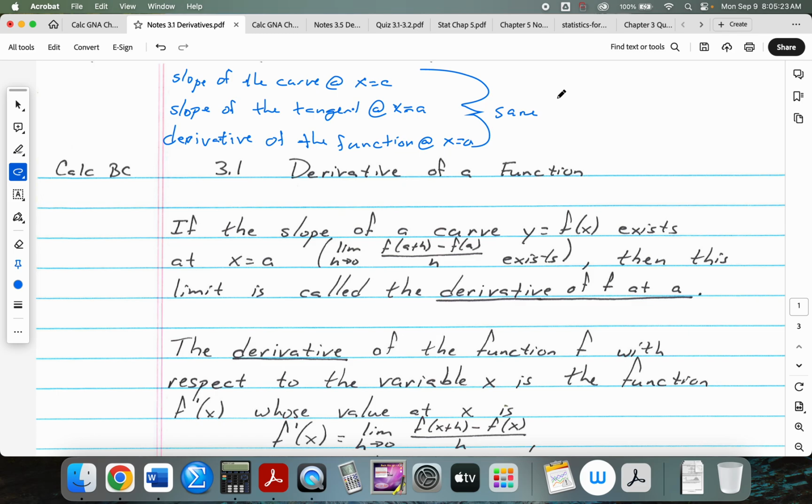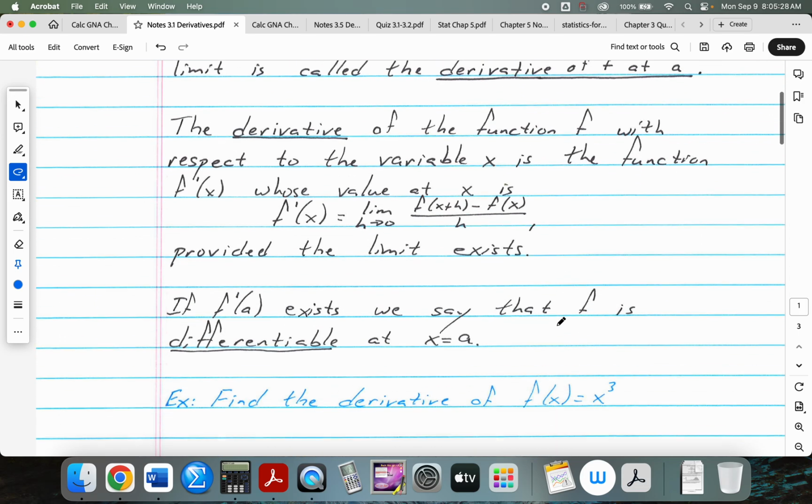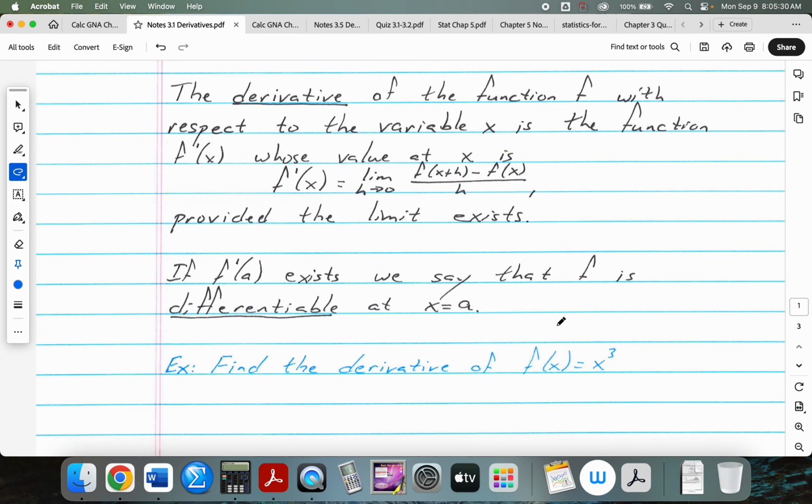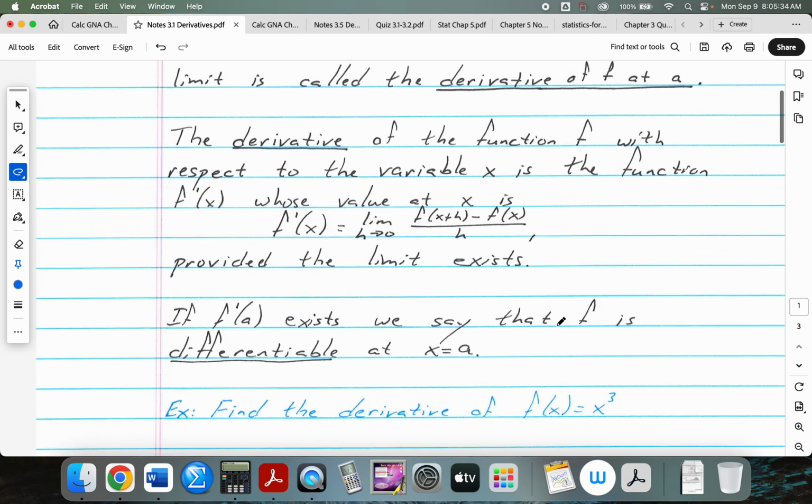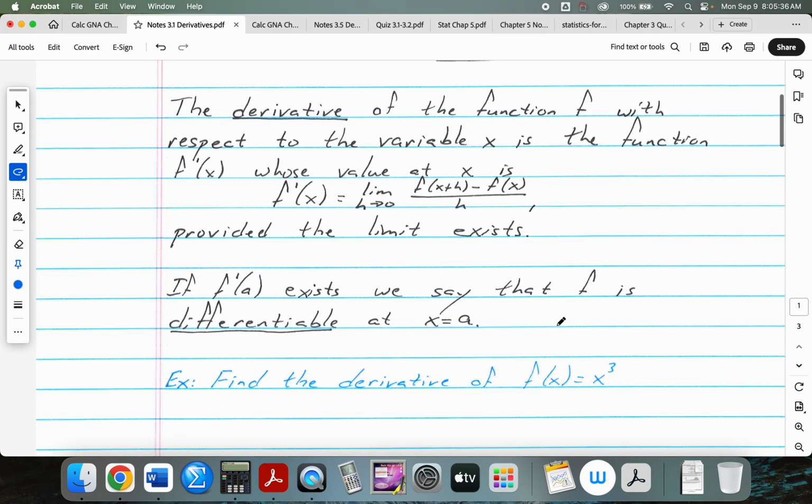at any point. So the derivative of the function f with respect to the variable x is the function f prime of x, whose value at x is f prime of x is the limit as h goes to 0 of f of x plus h minus f of x all over h, provided the limit exists.